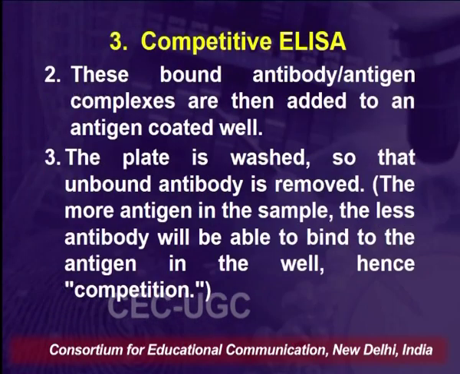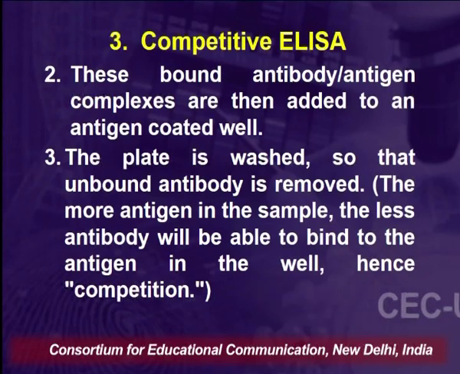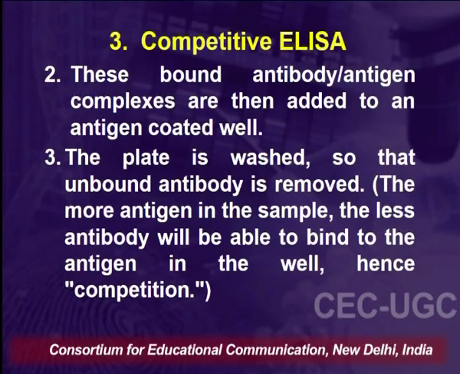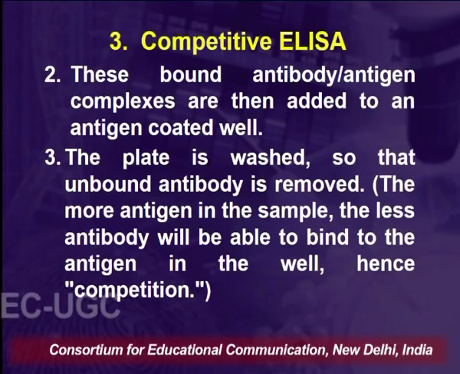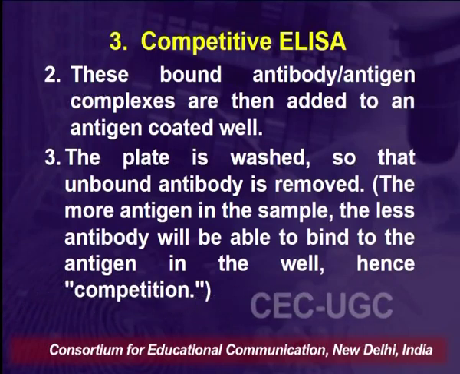These bound antibody antigen complexes are added to an antigen-coated well, and the plate is washed so that unbound antibodies are removed. The more antigen in the sample, the less antibody will be able to bind to the antigen in the well. Hence, we call this technique competitive ELISA.